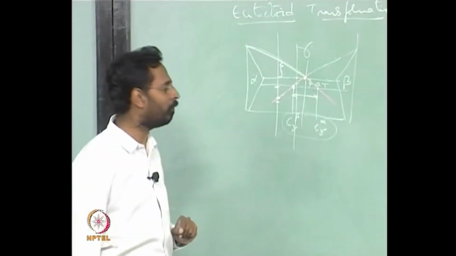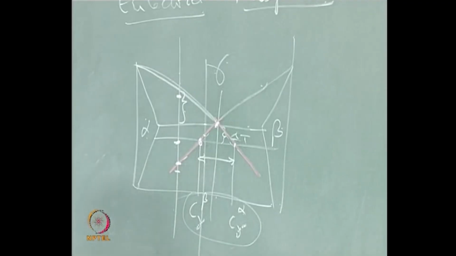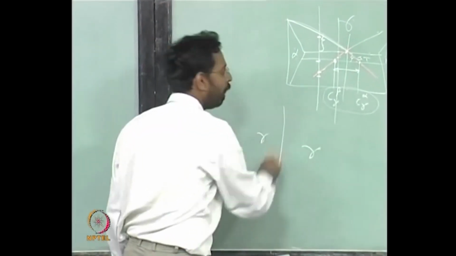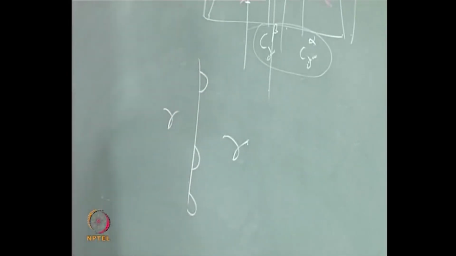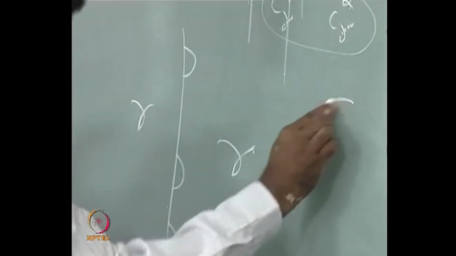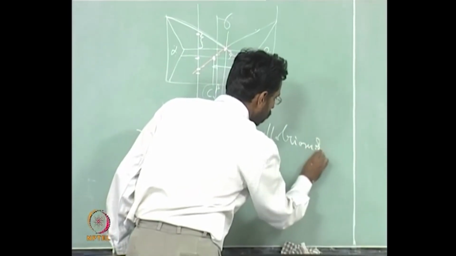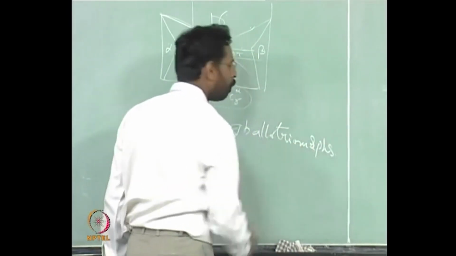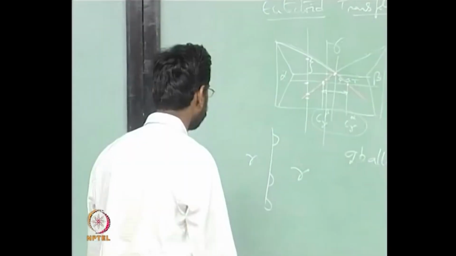What would be the morphology of that alpha when compared to that alpha which is coming somewhere here? This is what a large number of people have studied, and they see that the moment the transformation temperature is closer to the A3, if gamma is there, at a grain boundary between gamma, you see this kind of precipitation, which is what is called grain boundary allotriomorphs, which are more or less spherical kind of precipitates of alpha.